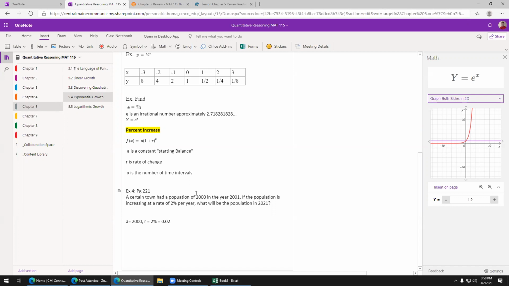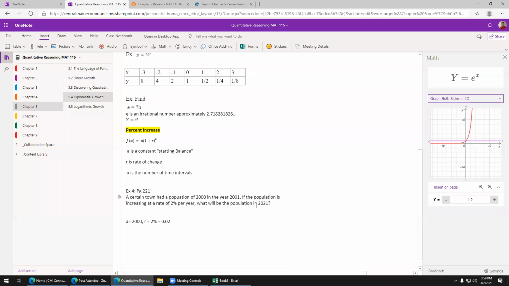Kim, I see your message. I'll come back to you in a second. I know how to fix that. So now to solve this, it's just substituting into this equation, right? So the key here is 2001 to 2021, right? That is a difference of 20 years.